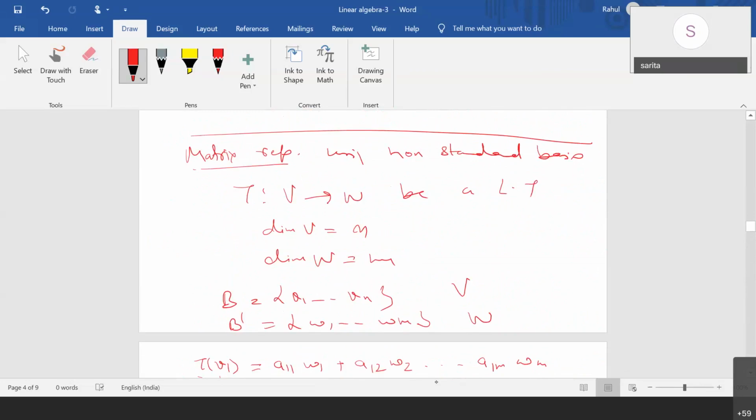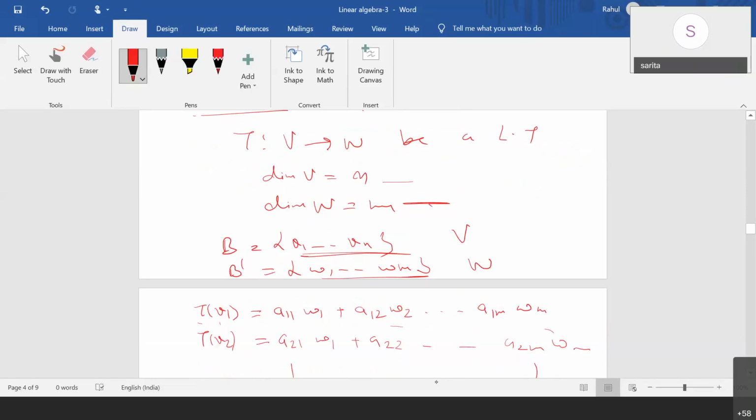You have a linear transformation with the dimension n and dimension m, right? Now you have a basis in V and you have a basis in W. Because they are bases, each element can be written as a linear combination of these. This is the basis definition. If V1, V2, Vn are the basis, then any other element can be written as a linear combination.